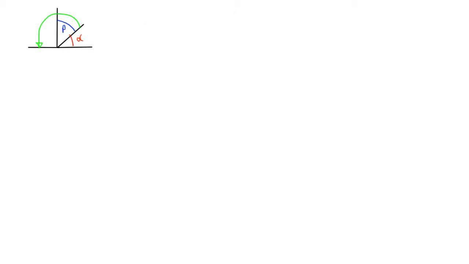So if alpha is our angle, then the two angles that go with it, beta and, I suppose I should give the other one a name, gamma, are called the complement and the supplement respectively. So the complement is in this case beta, and the supplement is the angle gamma.